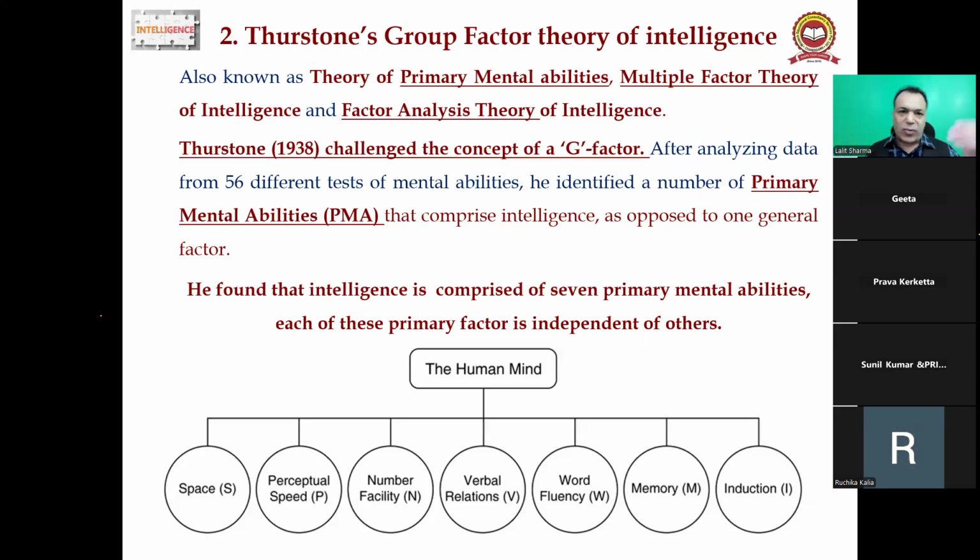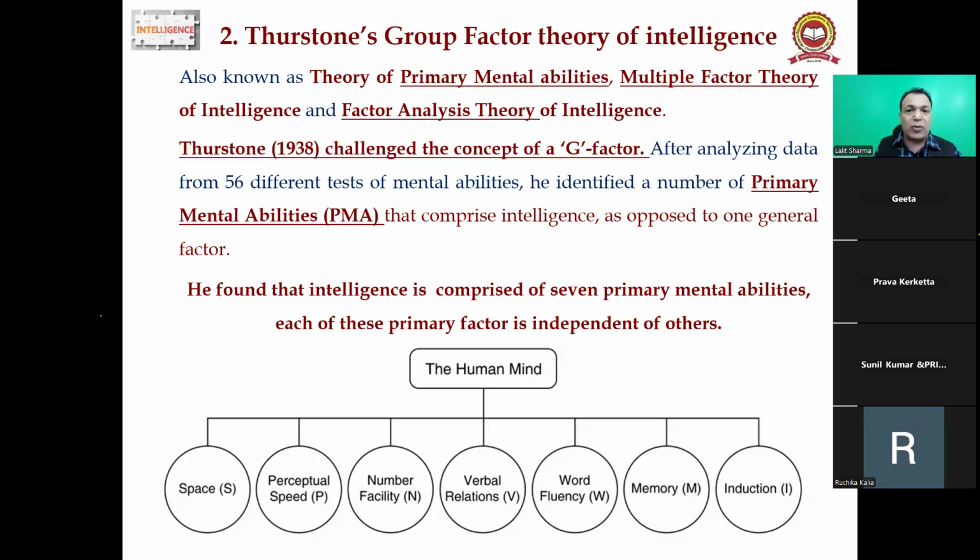Okay. Now we discuss from the first line. Thurston group factor theory of intelligence. He said that this theory is also known as the theory of primary mental abilities, multiple factor theory of intelligence, and factor analysis theory of intelligence. Okay. According to Thurston, he actually challenged the concept of the G factor. Spearman had talked about the G factor and S factor.